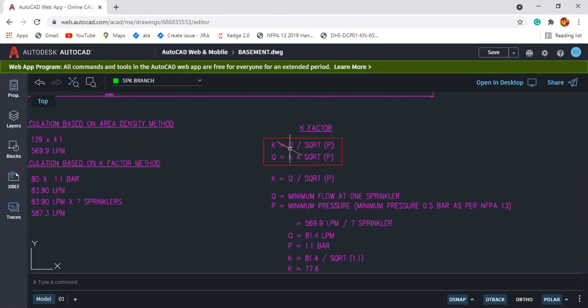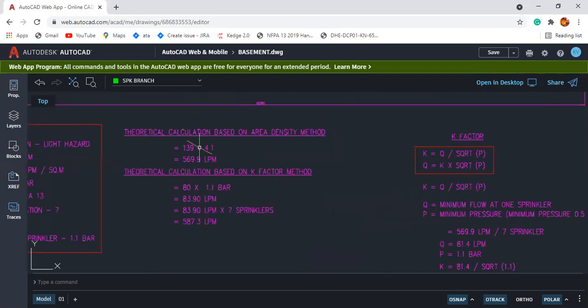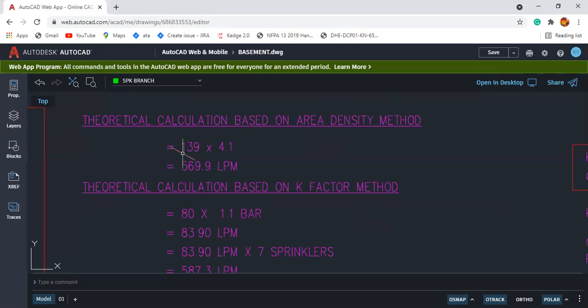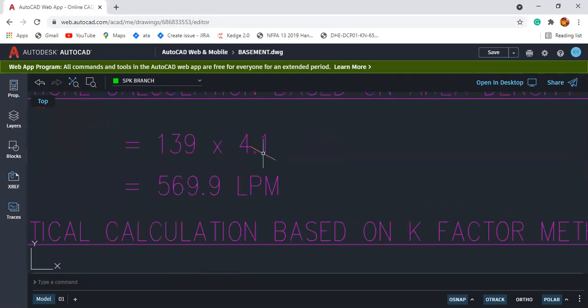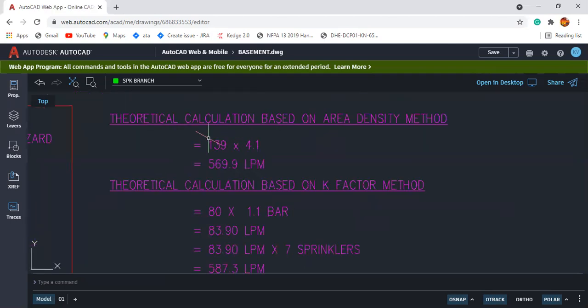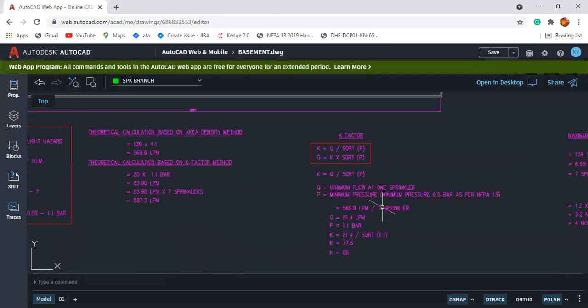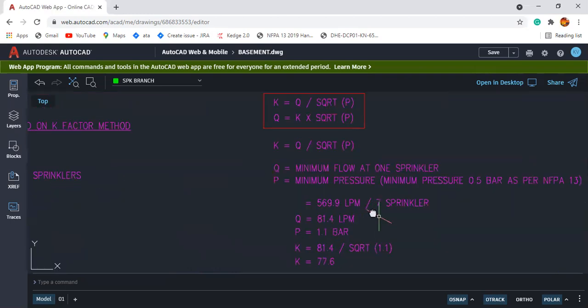Flow we have to calculate. How should we find it? We make a theoretical calculation based on the area density method. This is step one: design area multiplied by design density. As per the multiplication, we got the answer 569.9 lpm. But this is the total design area demand.